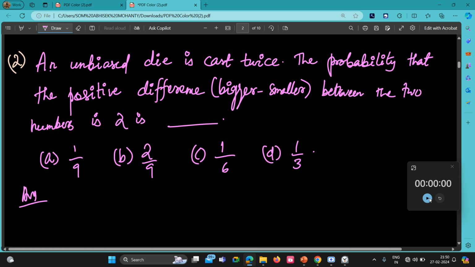You have 1.5 minutes. An unbiased die is cast twice. Probability that the positive difference between the two numbers is 2.